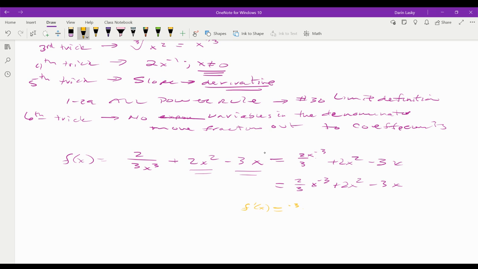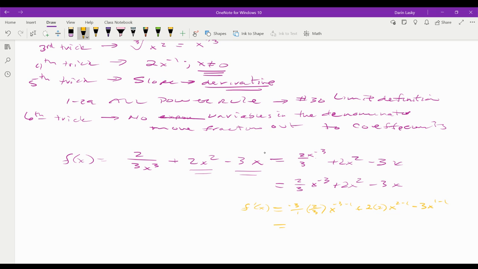So it's negative 3 times 1 times 2 over 3. And we're going to do x to the negative 3 minus 1 plus 2 times 2 x to the 2 minus 1 minus 3 x to the first minus 1.